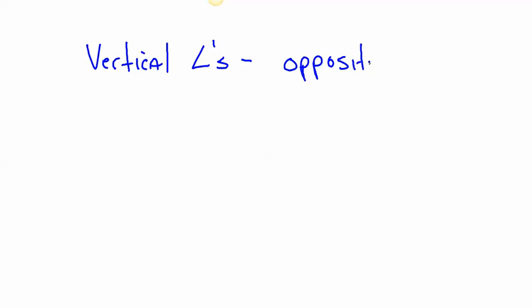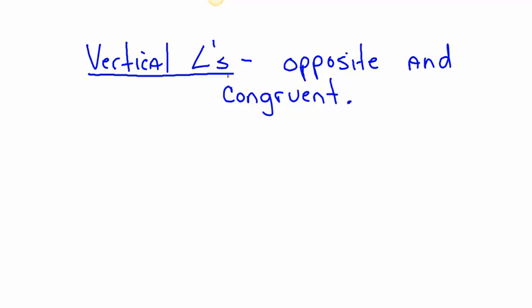Vertical angles. They're opposite of each other and congruent. Vertical angles are opposite and congruent.